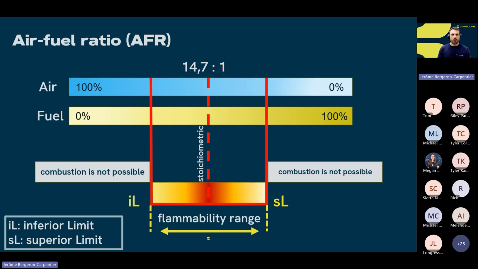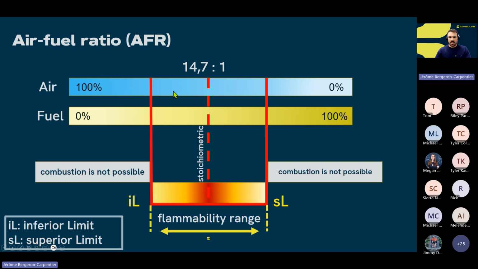So air-fuel ratio, like we all know, there's the stoichiometric ratio, which is 14.7 to 1, so 14.7 of air to 1 of fuel.